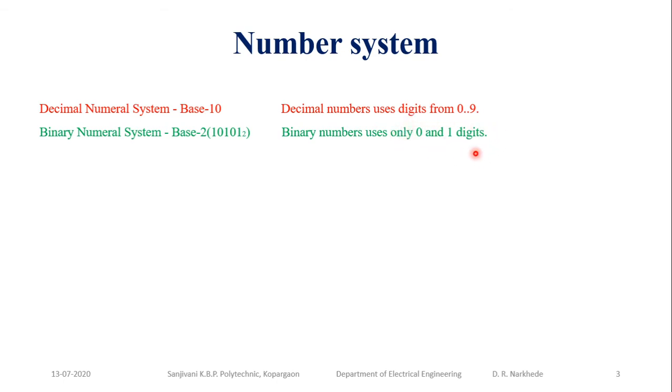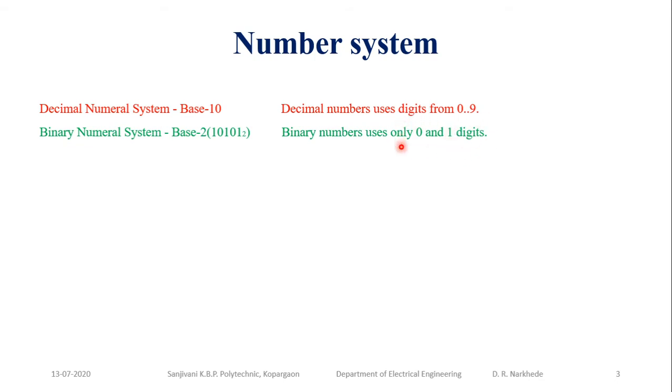As an electronic device, the PLC works with an electric supply. An electric supply has two stable states, one is on and the second is off. When the supply is off, that represents 0, and when the supply is on, that represents 1.